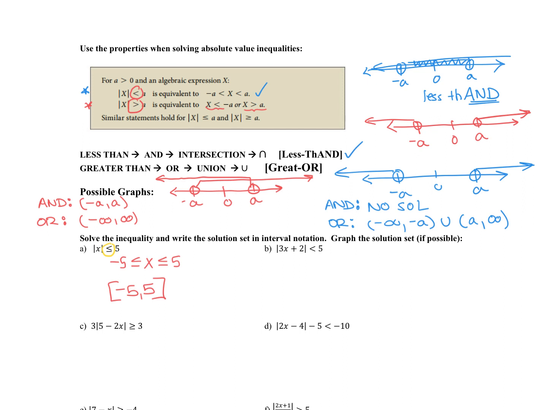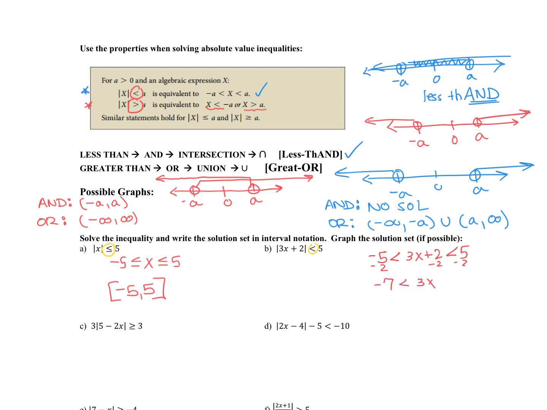This next is another less than. So again, we can write the inequality as a chain and say 3x plus 2 is less than 5 and greater than negative 5. And we solve it like we would an equation.